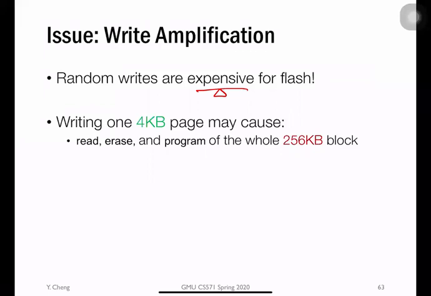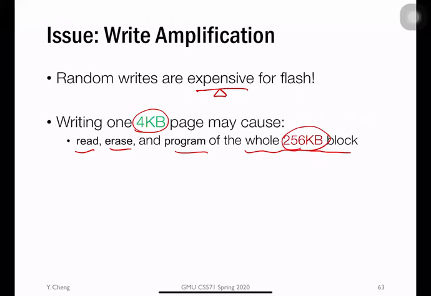It doesn't support overwrite. And writing one 4 KB flash page may cause this whole series of really costly operations, which is read, erase, and program this whole 256 kilobytes of flash block, assuming the granularity of the flash block is 256 kilobytes.